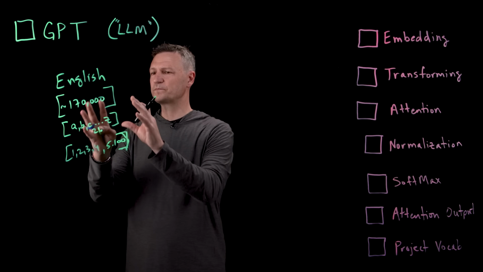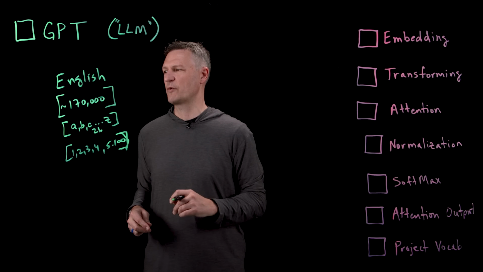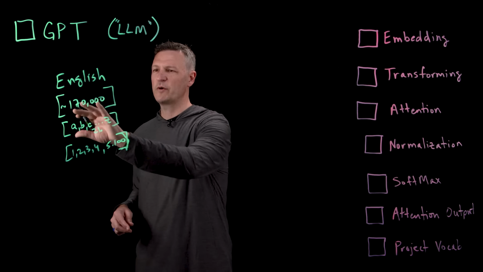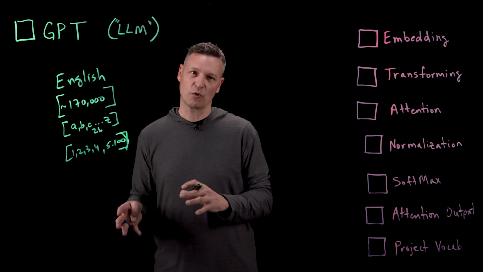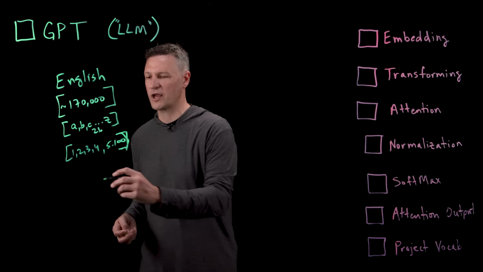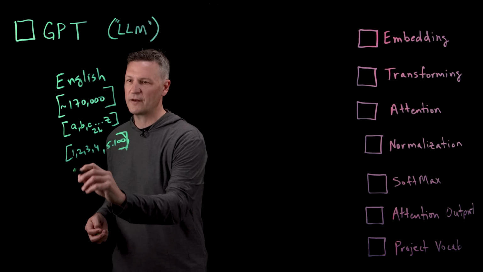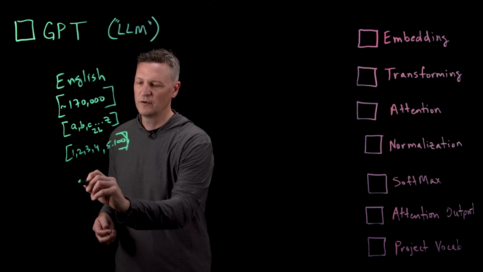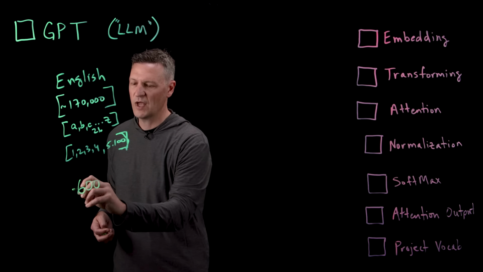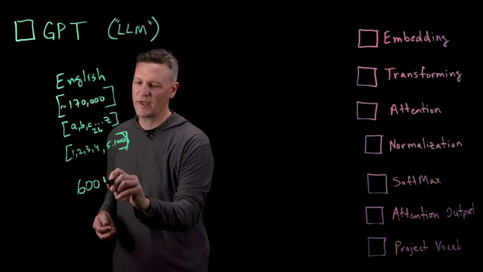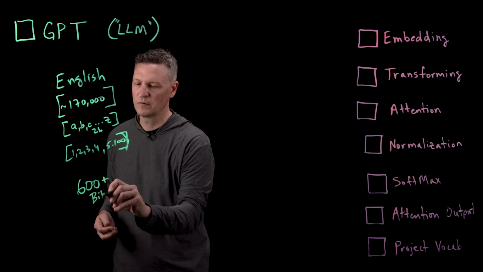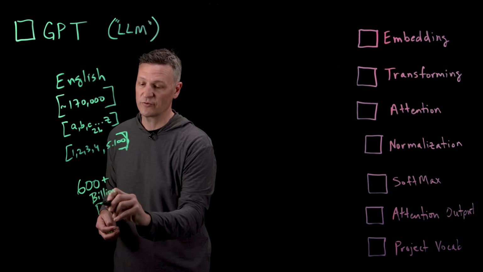But ultimately, we've got an area that we can work in here. And when we consider these numbers and we look at some of the open source LLMs that are on the market, we know that this type of a space ends up being greater than 600 billion parameters.